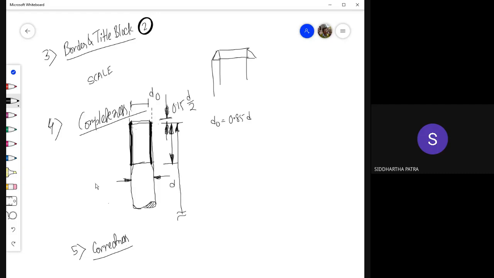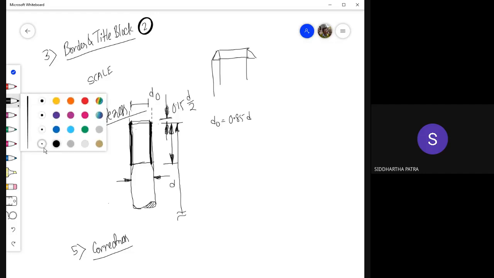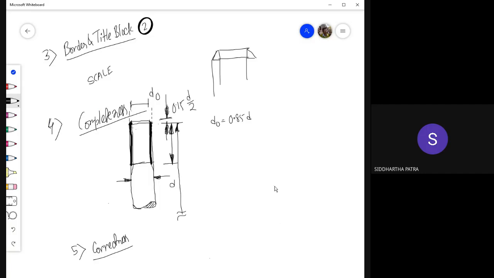Then there is another thing which would be somewhat a representation of incorrectness, which is, imagine there is this cylindrical hole and I'm actually drawing the section.